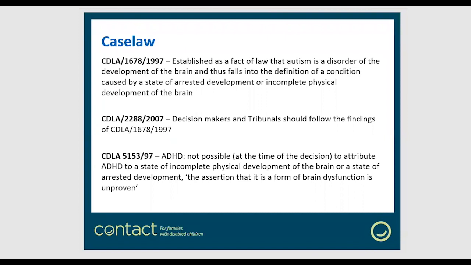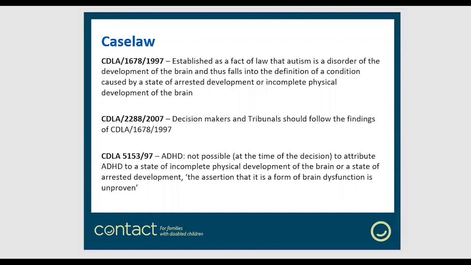But they can then go further to something called the upper tribunal, and that's where a judge will make a decision about how the law should be interpreted. And these judges' decisions, they form case law, and they provide guidance to decision makers about how the law should be interpreted. And they are kind of binding on tribunals and decision makers. So they can't just be ignored by a decision maker.